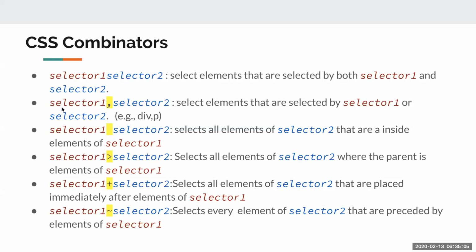The second one, if you put a comma between two selectors, means select elements that are selected by selector 1 or selector 2. So basically you can say, H1 comma H2, I'm going to use the same color. So let's actually try that.